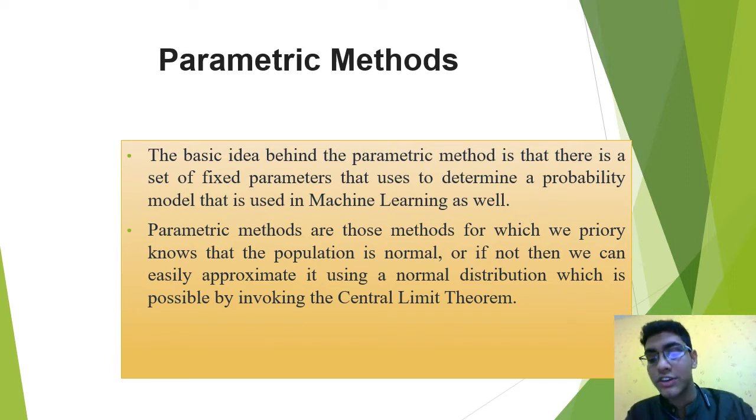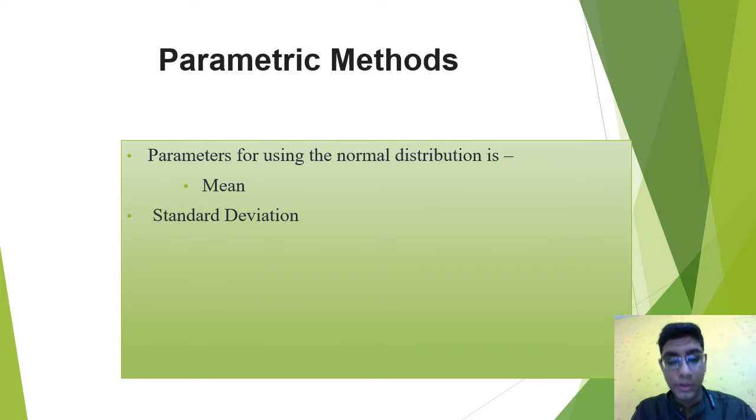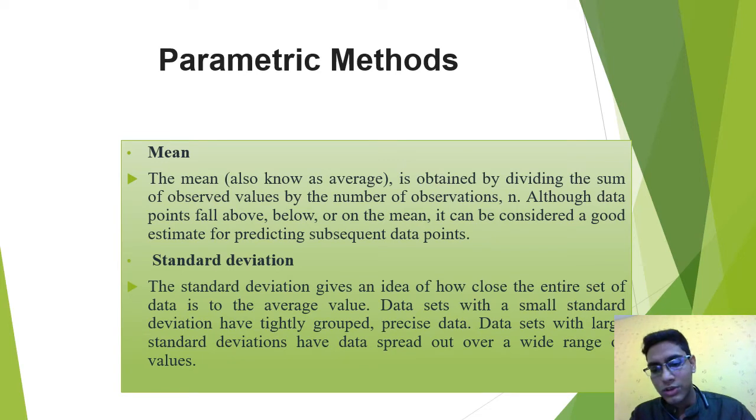Now, what is the central limit theorem? I will be discussing it later. Now coming on to normal distributions. The parameters for using the normal distribution are mean and standard deviation. Now, what is mean? As we all know, I guess you have studied it in 12th.